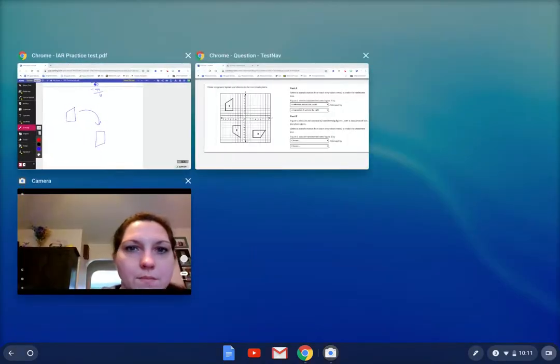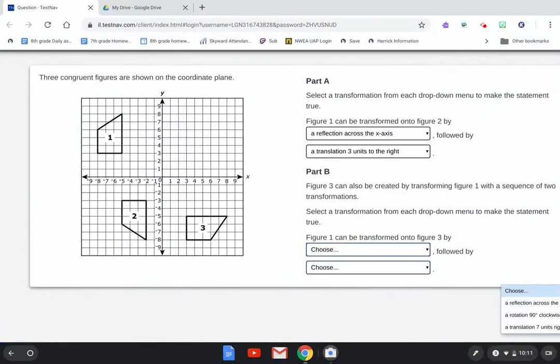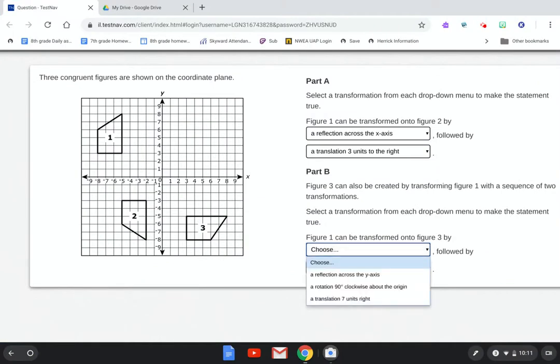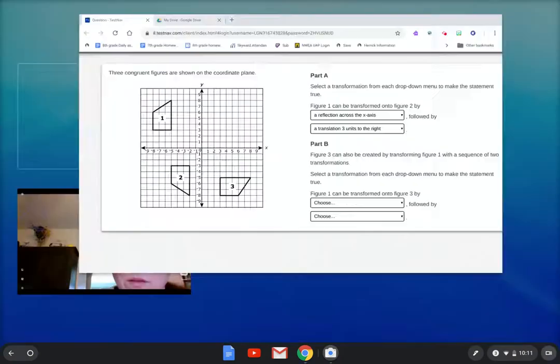When I look at that compared to number 3, if it rotates 180 degrees, then I'm going to have to rotate it again. That might not be the exact solution. Why don't we try rotating it here? They give us an option of rotating it 90 degrees clockwise. Let's see what happens there.